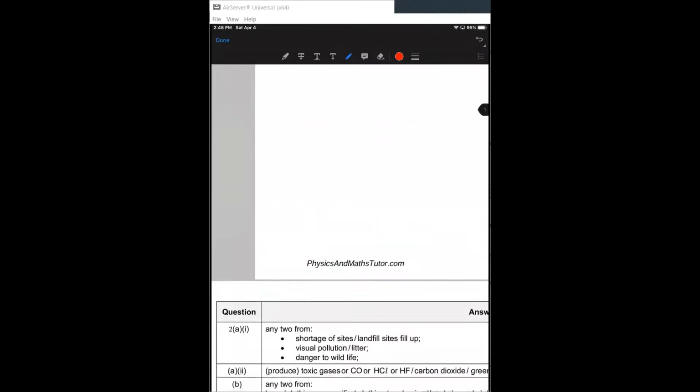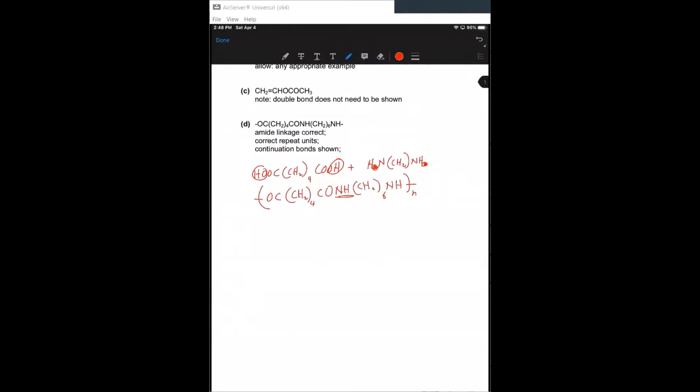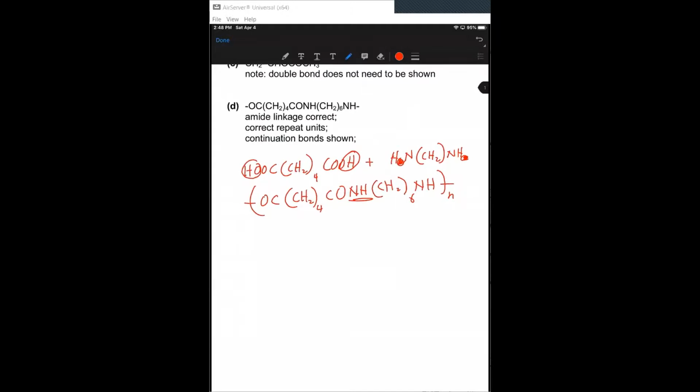Okay, how can we draw the displayed formula? To draw the displayed formula, we know OH is broken, so only the carbon-oxygen double bond will be there.